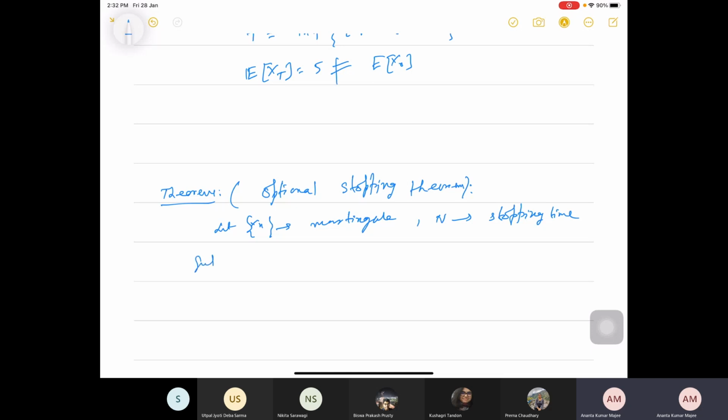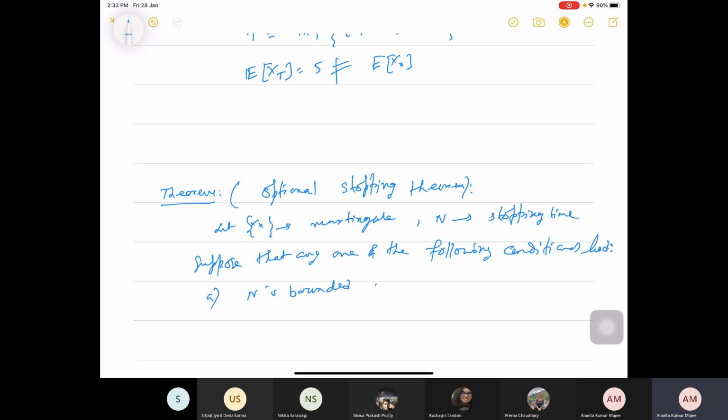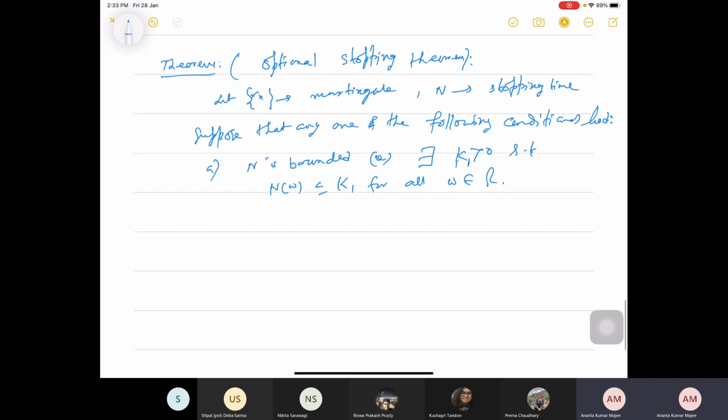So I am saying now suppose that any one of the following conditions holds. What is condition A? That N is bounded, that is, there exists some k1 positive such that N of omega is less than or equal to k1 for all omega in my probability space.